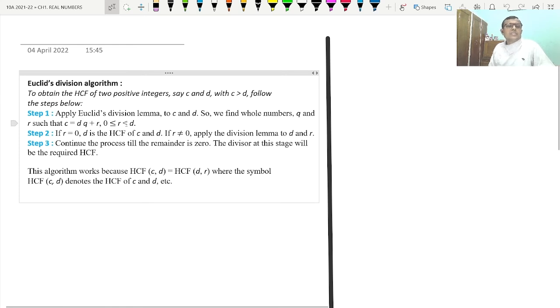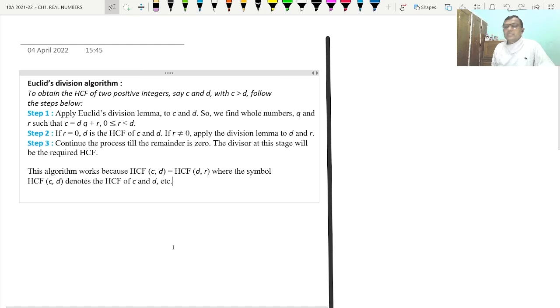So apply Euclid's division lemma to C and D. So we find whole numbers Q and R such that C is equal to... these three steps we have to follow. Here it is difficult to understand this way. I'll explain this with an example, then it will be clear. This algorithm is called Euclid's division algorithm.